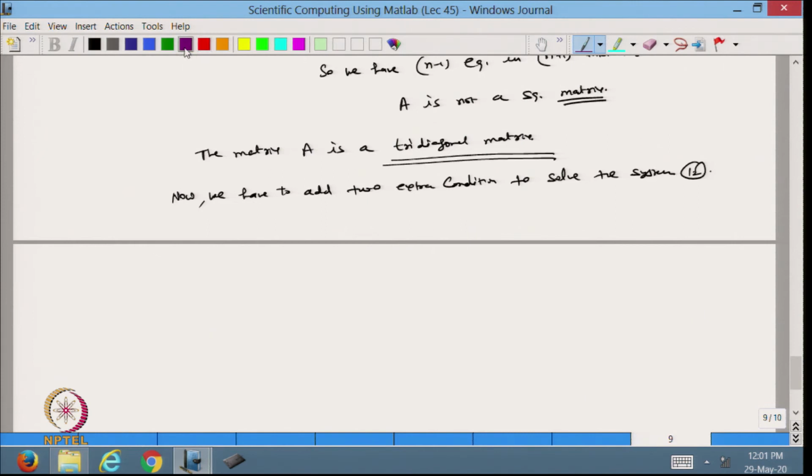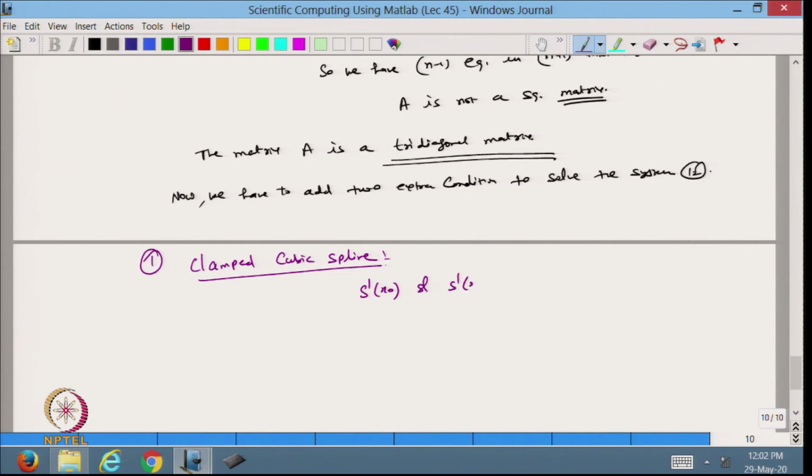So, case 1 we call it the clamped cubic spline. Clamped cubic spline means we define that our S dash at x naught, the left boundary condition, and S dash at x n are given.